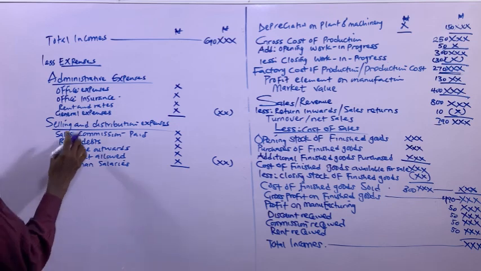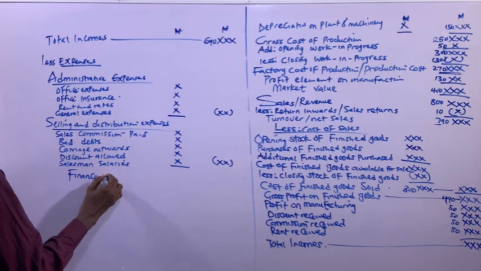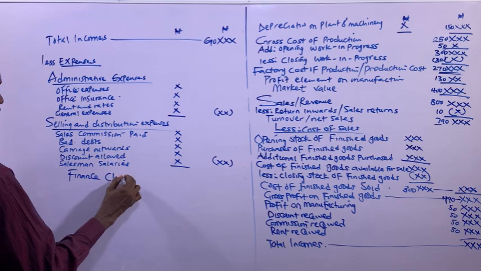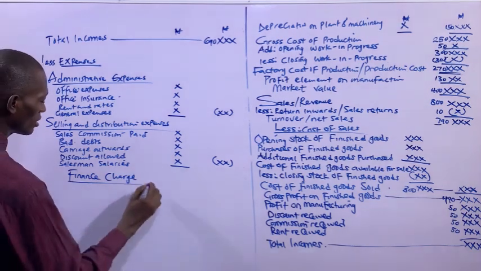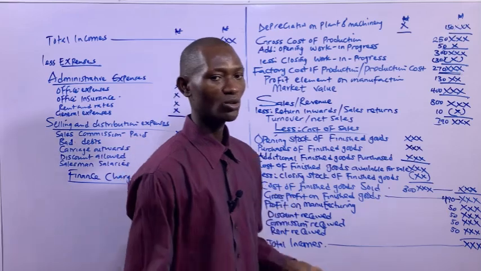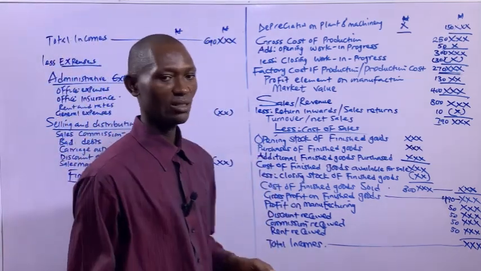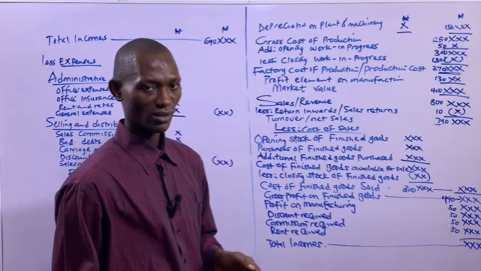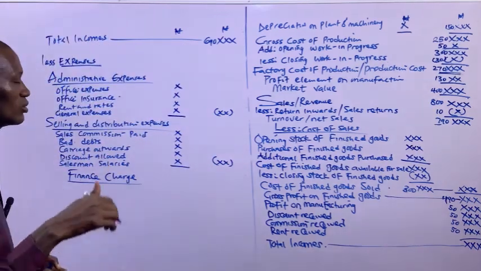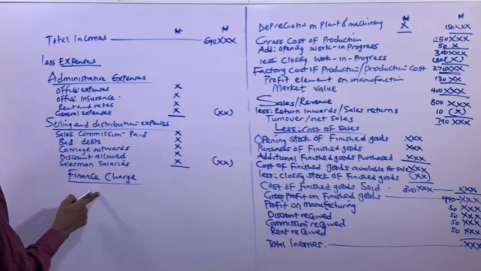Then the last heading now, we could have finance charge. So finance charge has to do with expenses that relate to the business having borrowed money and you need to pay back the money with interest. So the interest you pay on the loan you borrow as a business is classified under finance charge.